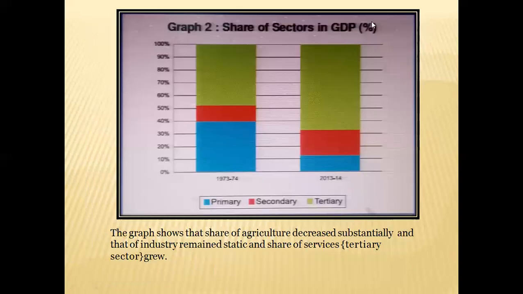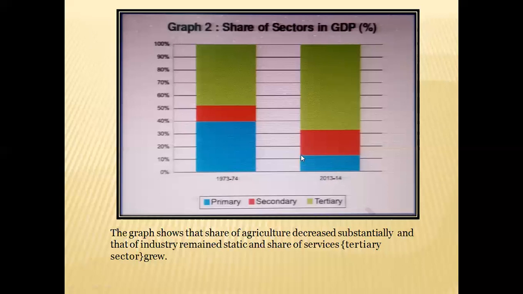If we talk about their percentage in GDP, in 1973-74, the share of agriculture in GDP and the share of tertiary sector in GDP is, you can say, nearly equal, and secondary sector is having less contribution in GDP. But you can see a change in 2013-14.